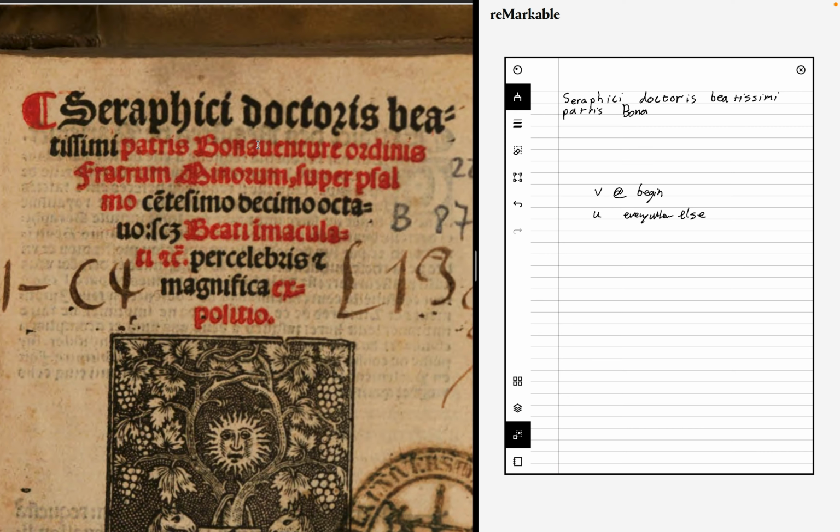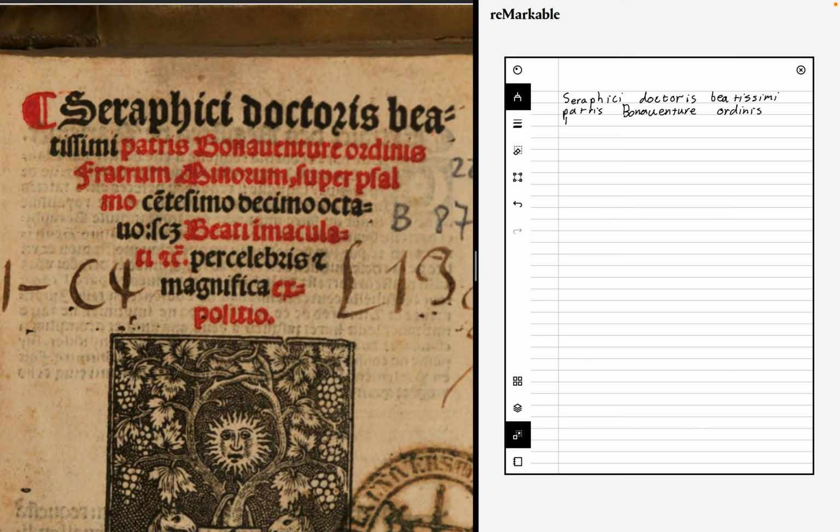And the other one that is important, we'll go over when we get to it. So bona, so we write a U. Nu, ture, ordinis.